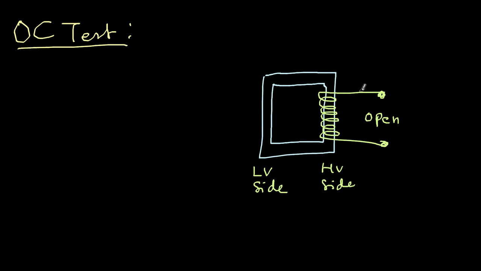So naturally this current will be zero. Whereas on this side, this is the winding. First I'll keep an ammeter immediately here, and then there is a wattmeter.